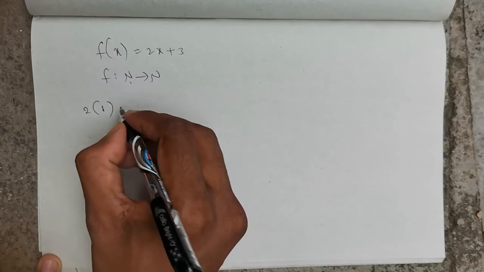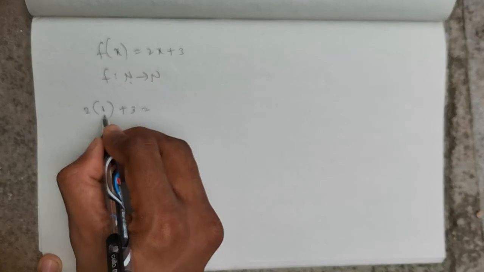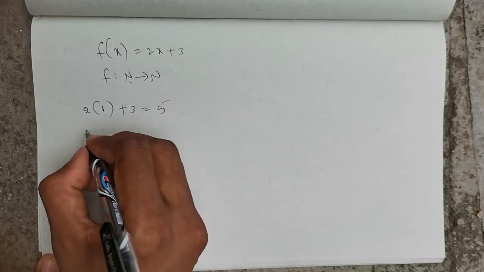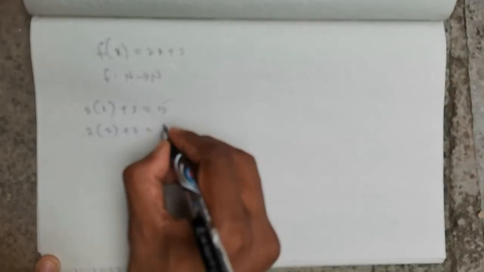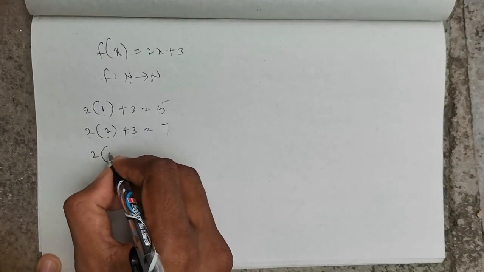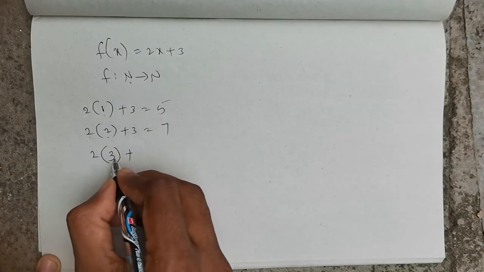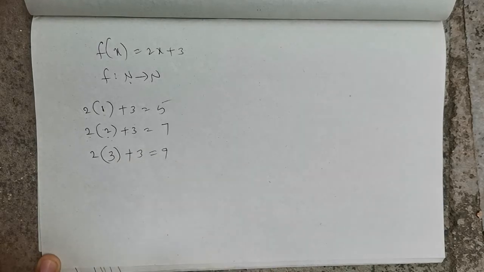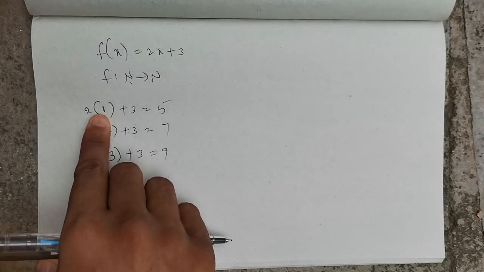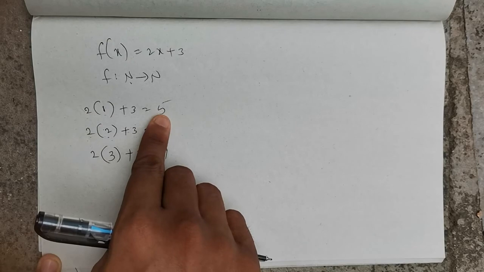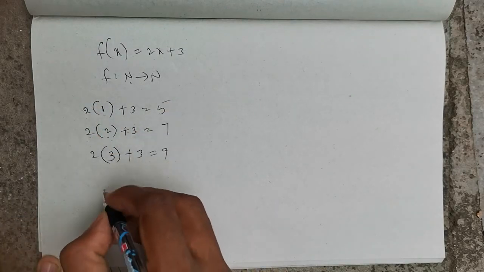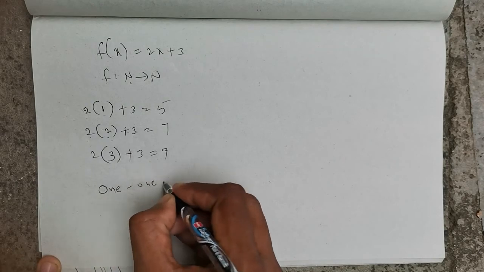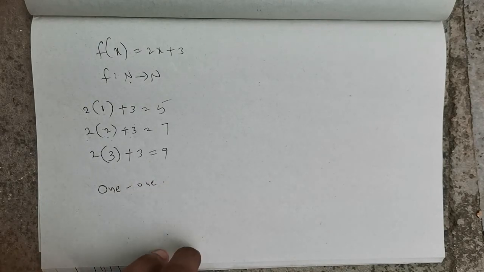First natural number is 1. 2 ones are 2 plus 3, 5. Next natural number 2. 2 twos are 4 plus 3, 7. Next 3. 2 threes are 6 plus 3, 9. One element has only one image. No element has a common image. So this is one-one.